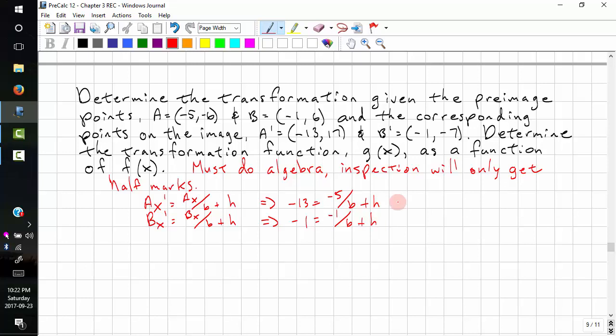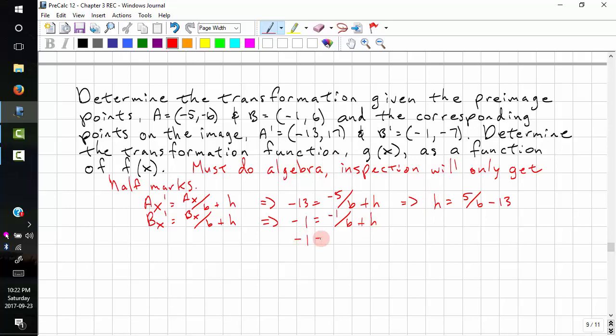So let's transform this one. It doesn't matter. They're equally hard. So we're going to transform this into h equals, and we're going to move this over to the other side: 5 over b minus 13. Now we're going to substitute this h into here.